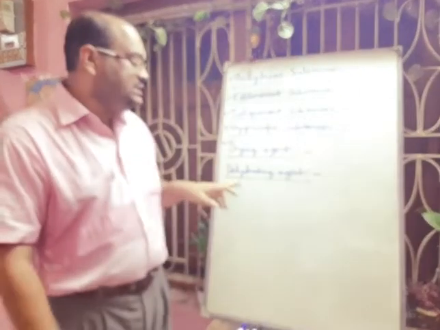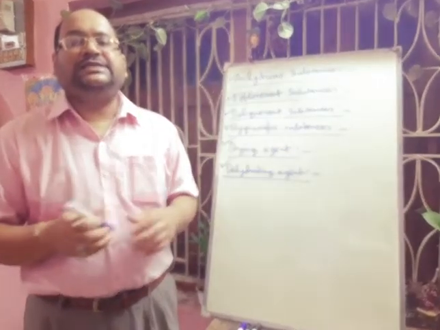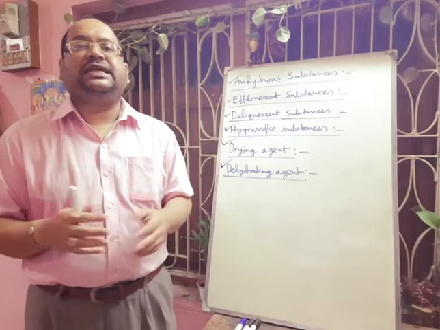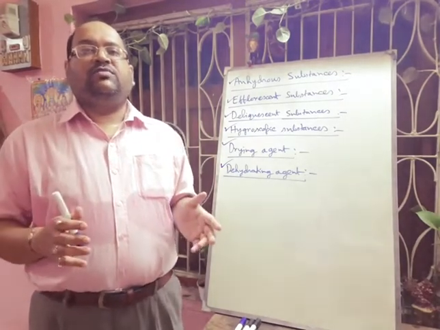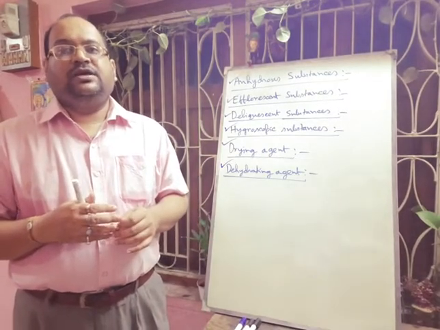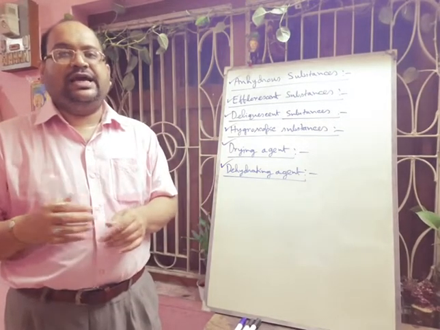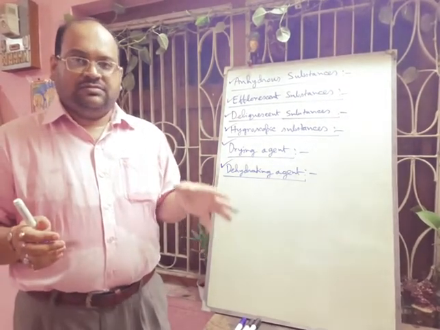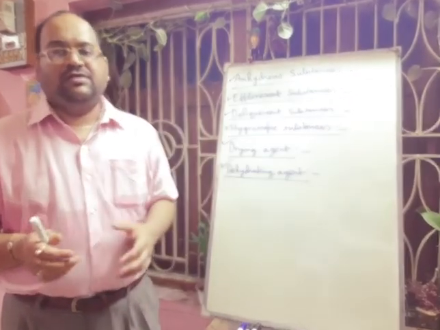Next we will discuss dehydrating agents. Now what are dehydrating agents? Dehydrating agents are substances that can remove even the chemically combined water molecules from compounds. So whatever I am telling, this is a chemical reaction. Here the dehydrating agent is removing water chemically.